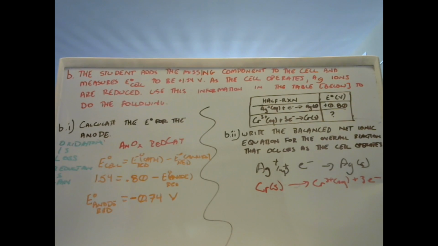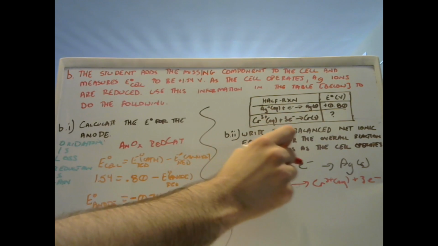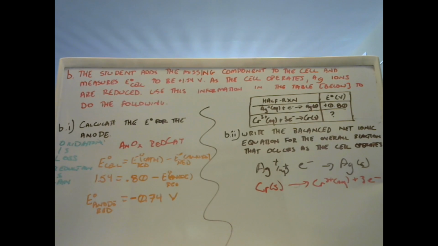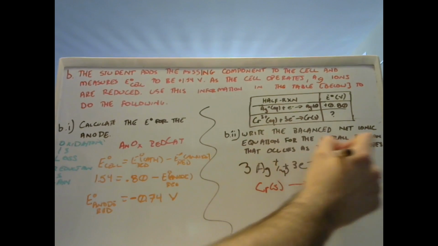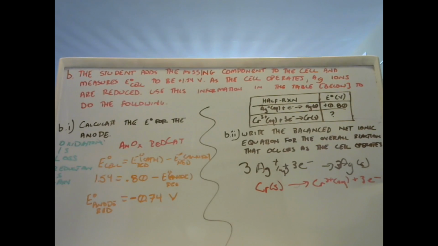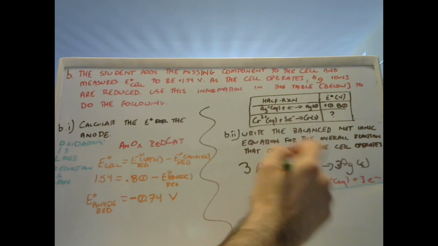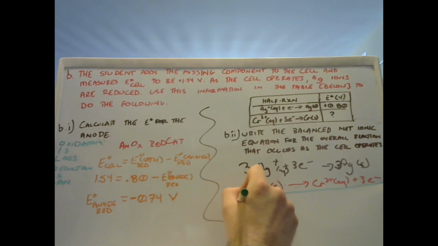Now, we can't add these directly because there's an uneven amount of electrons. 1 electron here, 3 electrons here, ain't gonna work out. So what we need to do is triple the top to get the appropriate amount of electrons. And now I can take the two of these and add them together.